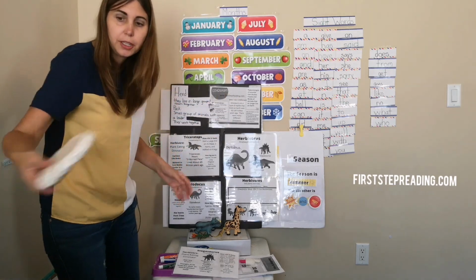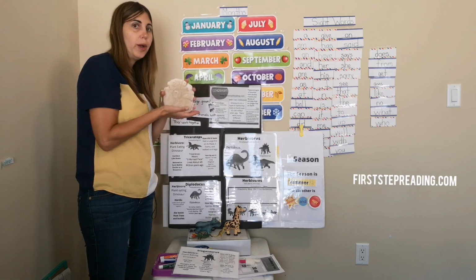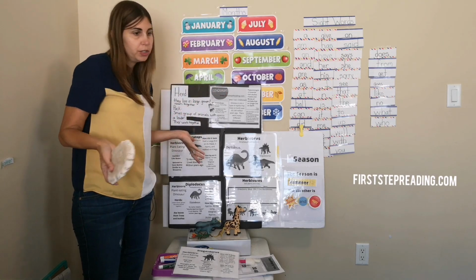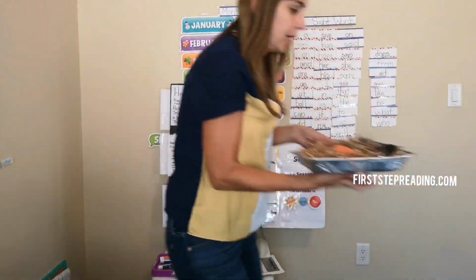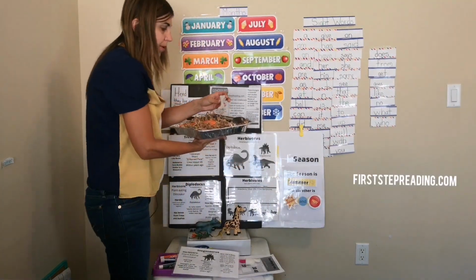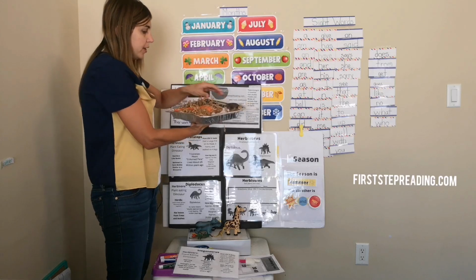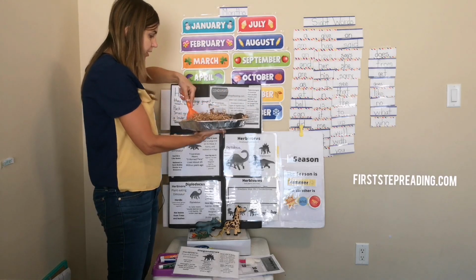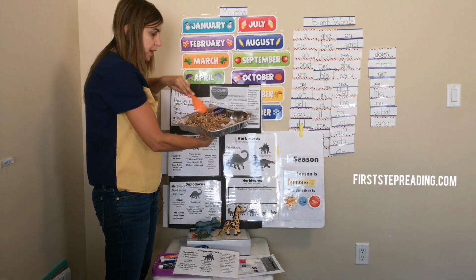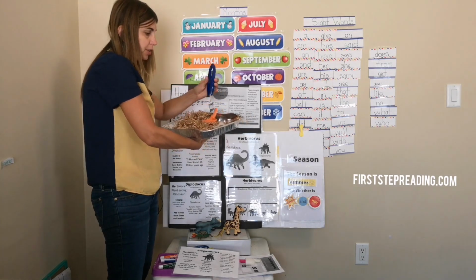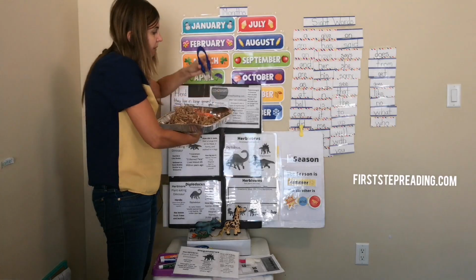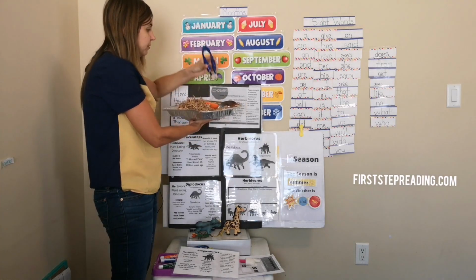So this is a more accurate way to look for dinosaur bones, but you could also just have fun and make dinosaur bones out of clay or the salt dough. And you can use different tools to dig and try to find them. You can try little pinchers and try to pick them up. Make it challenging for you.